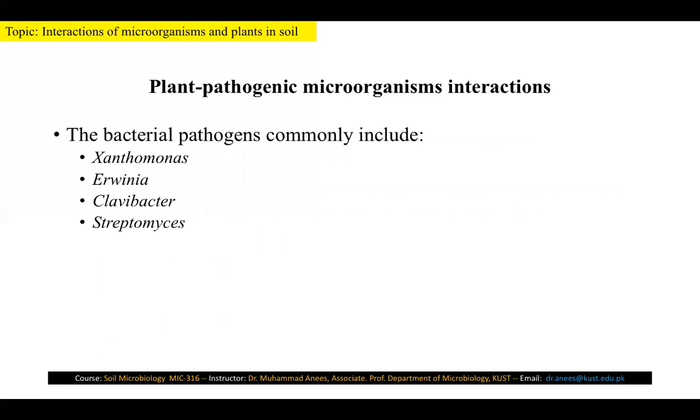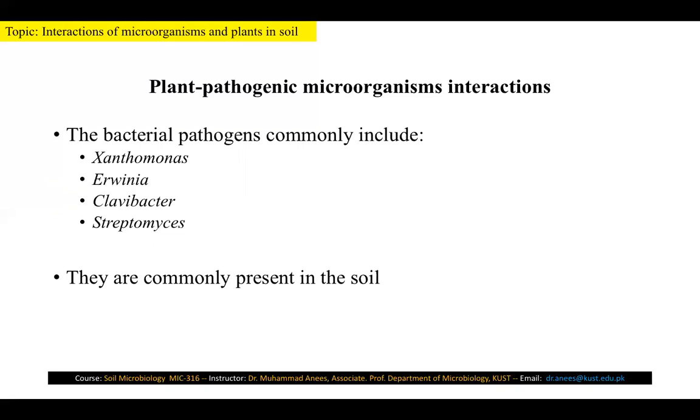The bacterial pathogens that may cause diseases in plants include Xanthomonas species, Erwinia species, Clavibacter, and Streptomyces species. There are many other species, but these are the important ones.